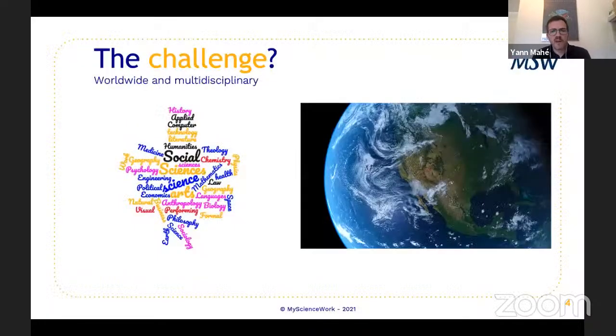The last challenge that I see is that there is an increase of available data. There is also more and more open data available, but I think that everything will not have real impact without structuring it.